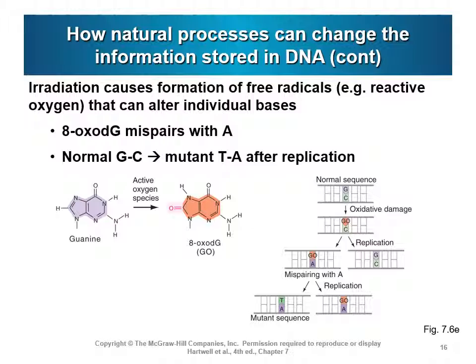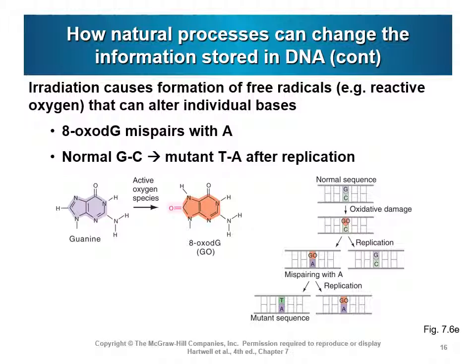Besides thymine dimers, UV radiation can also cause the formation of free radicals that can alter individual bases. So we will have, instead of guanine, 8-oxo-dG, which is commonly called GO.